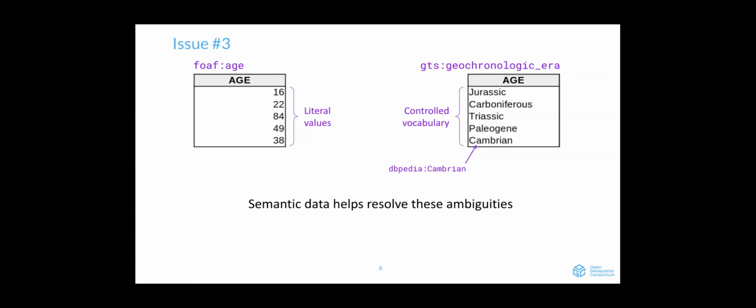We can resolve these ambiguities so that we have a vocabulary for the age of a person, and we have a vocabulary for specifying a geological age. And we also have terms. This is just merely an example, and it is not part of the ocean information model, but we have terms for that control vocabulary as well. For example, DBpedia, which is a semantic version of Wikipedia, has terms for this.